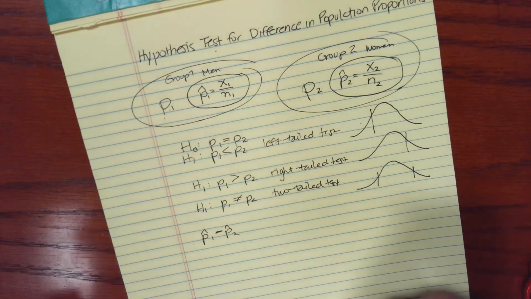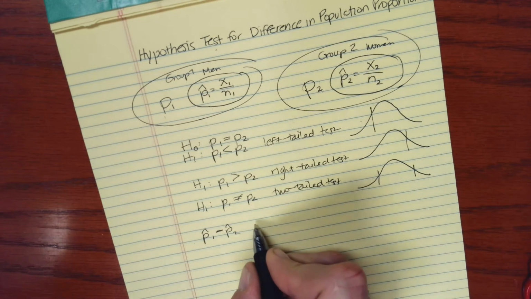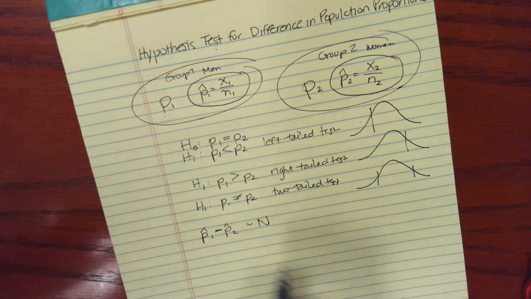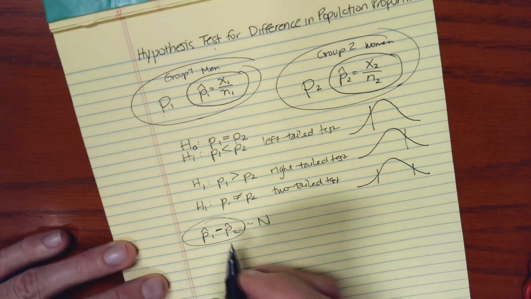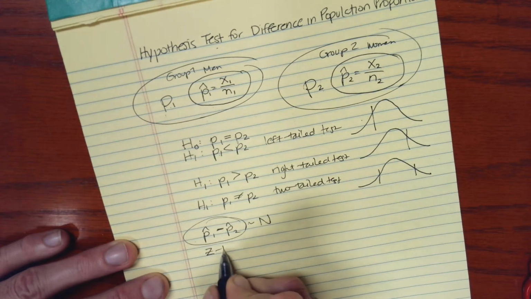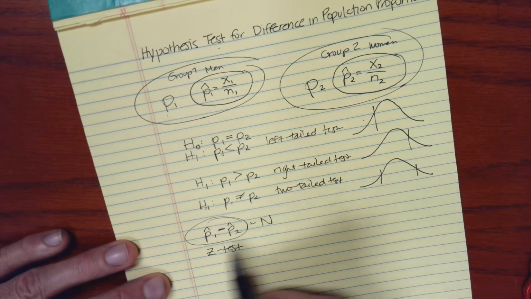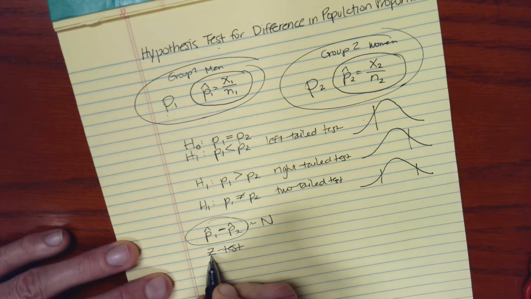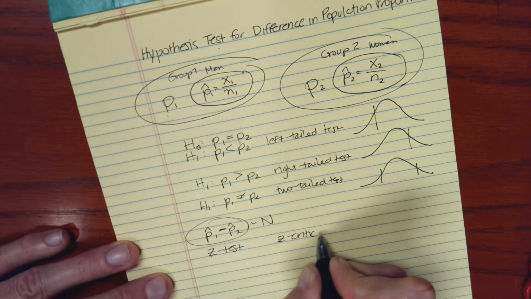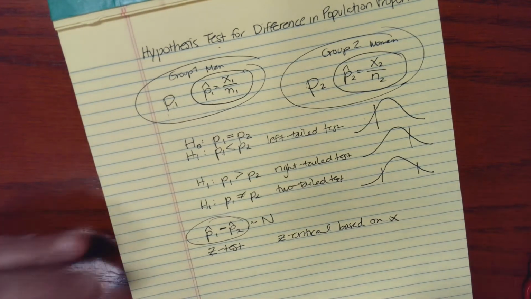So luckily, under certain conditions, this statistic is going to approximately follow a normal distribution. And so I can convert this to a z-score, which I'll call z-test, by looking at that difference relative to a standard error, and then I can compare z-test to z-critical, which is based on alpha, some level of significance.